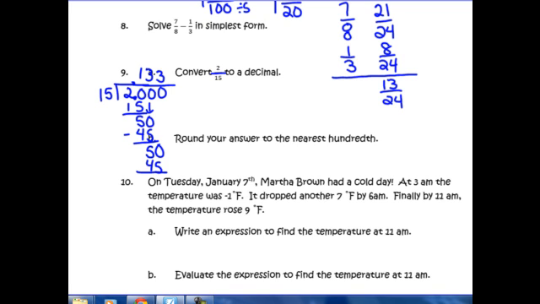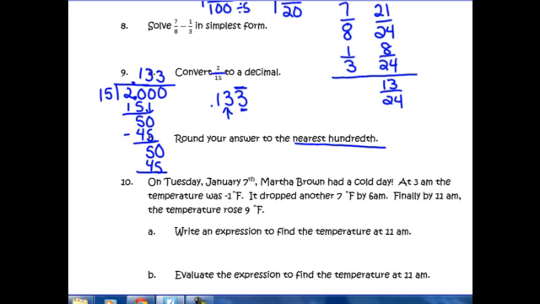So do I have enough to round to the nearest hundredth? I have a thousandths place. This is where they want me to round to. Well, a 3 with a 3 sitting after it, this is normally a repeating decimal. How I would show that is putting the bar over the last 3 there.